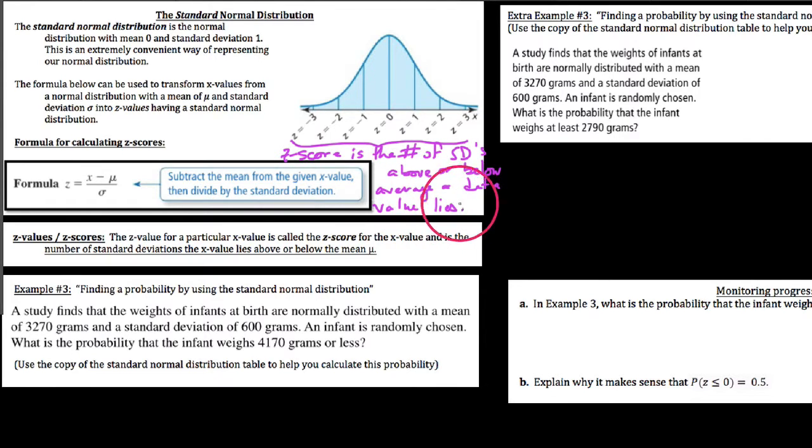And so you can see that with our normal distribution, if we were to take all the x values down at the bottom and change them into a statement that said you are this many standard deviations away from the origin, then you would see that the z-score at the average here is 0 because it is right directly on top of the average. When we look at these three standard deviations to the right, you notice that there's a positive 1, positive 2, positive 3. These are stating that these x values are 1, 2, and 3 standard deviations above the mean.